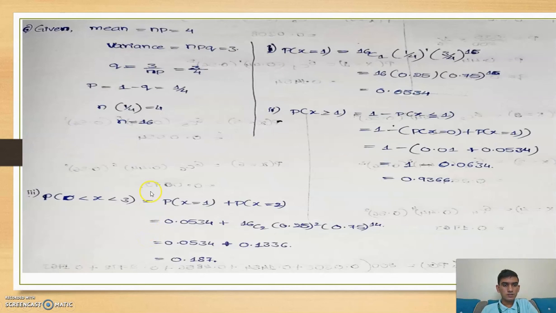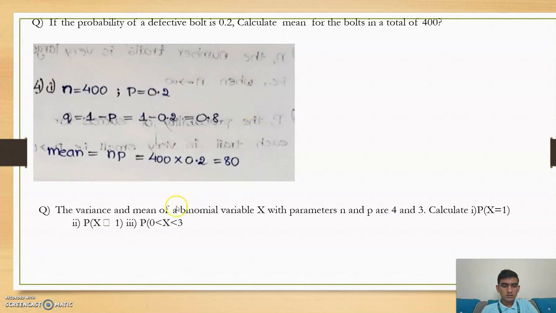In this question we first find n and p. The mean and variance are given as 4 and 3.